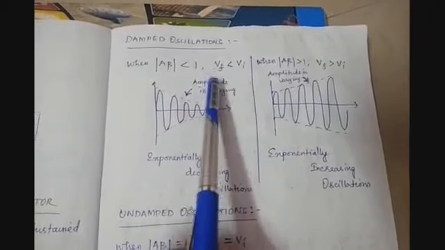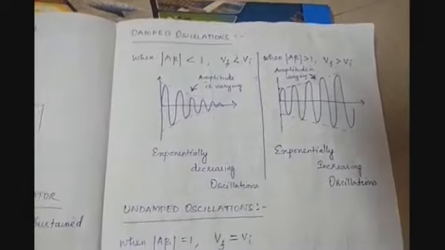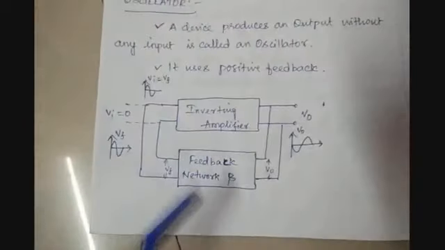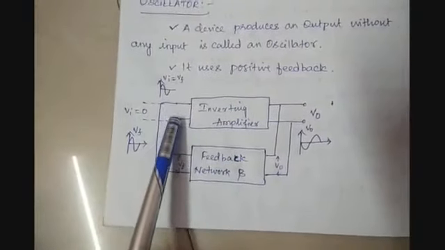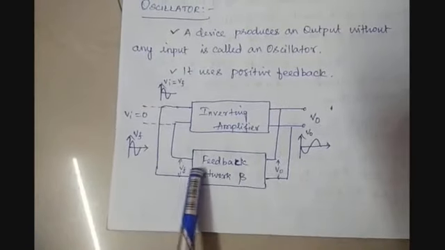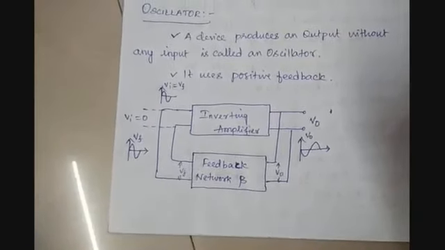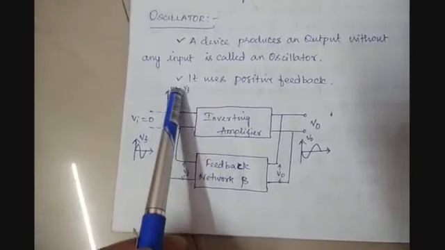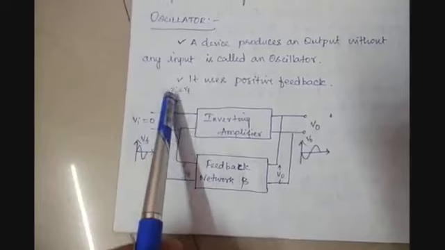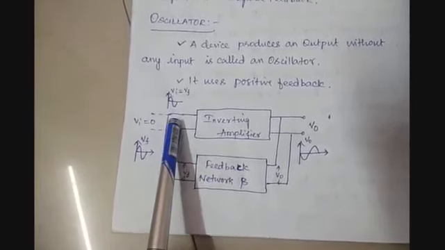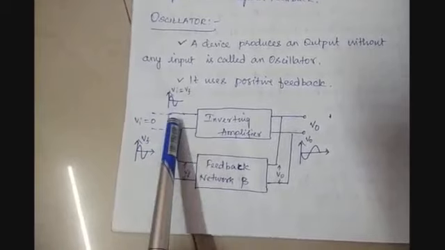Observe this figure: suppose I give 2 volts initially. Now Vf is less than Vin, so Vf is reduced compared to the previous input.